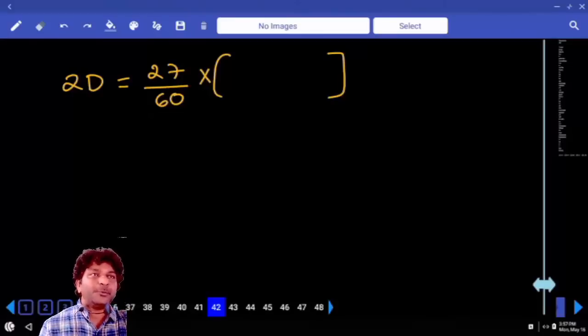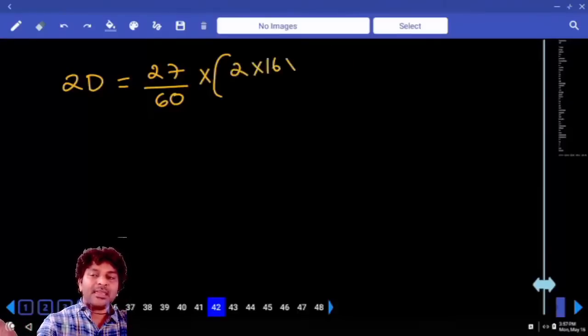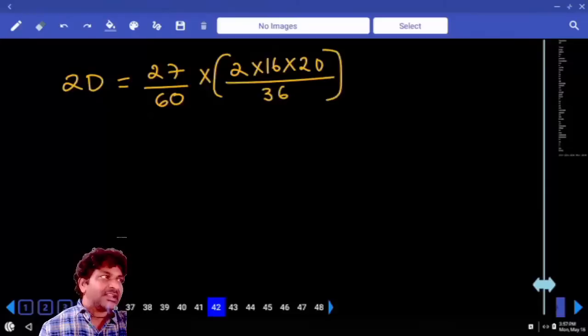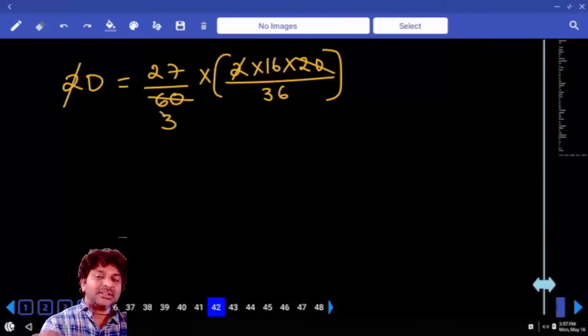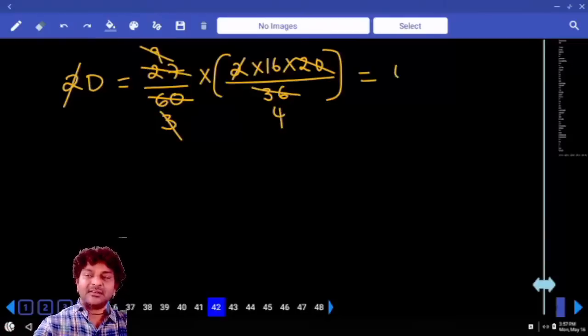If the distance between two places is the same, average speed is 2AB by A plus B. Is this clear? 2 cancels. 20, 3 times 3, 9 times 9, 4 times. Answer: D is equal to 4 kilometers. Final answer.